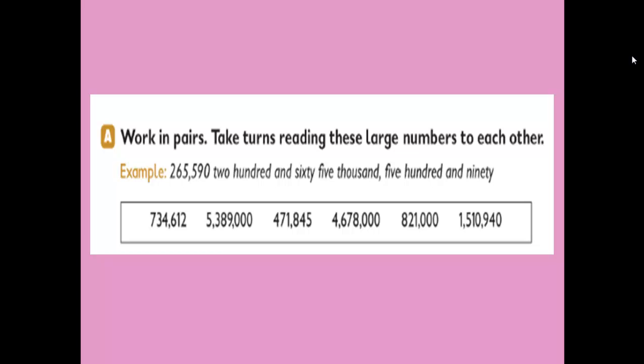265,590. In this box we have 6 big numbers and we want to read them. Let's begin from the first one. 734,612. Number 2, 5,389,000.